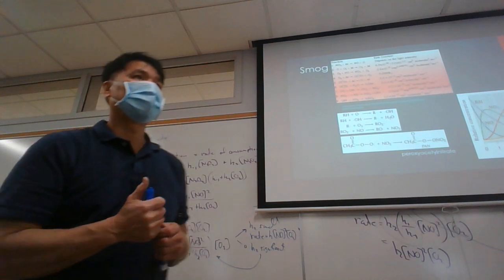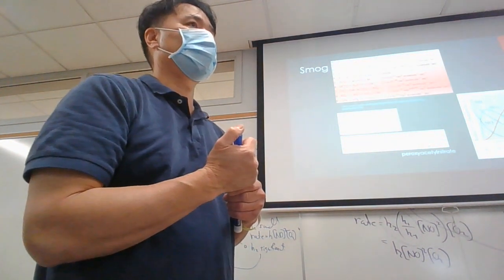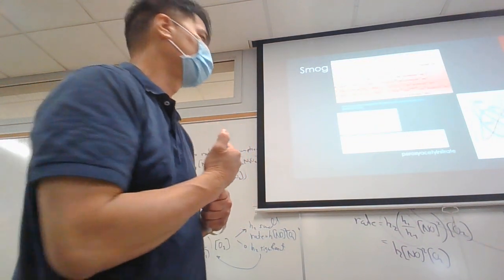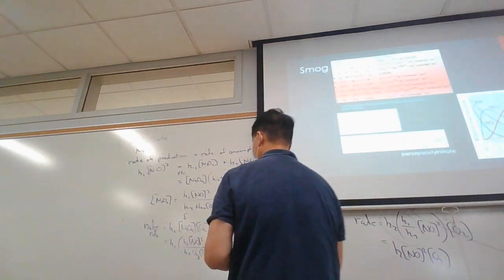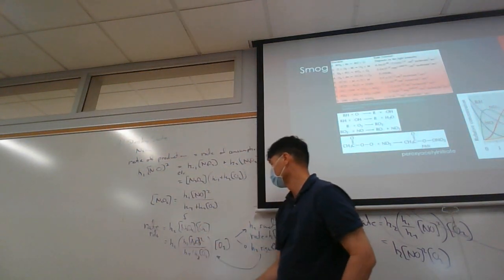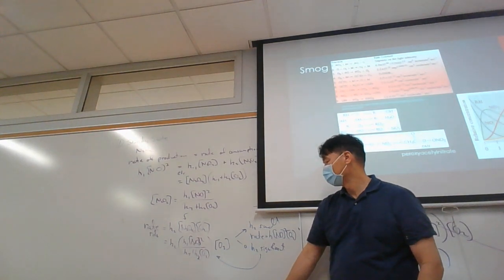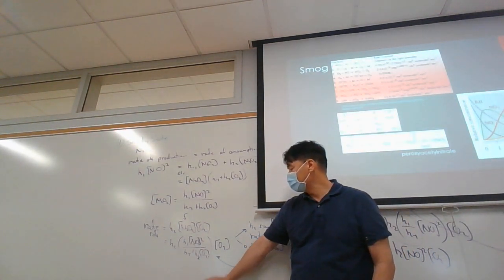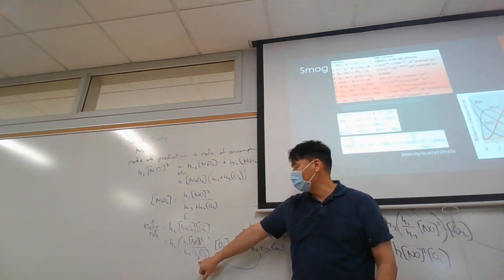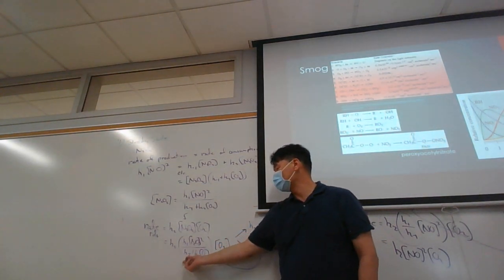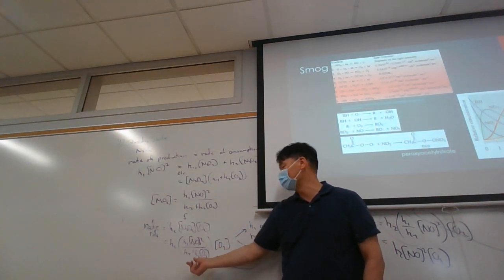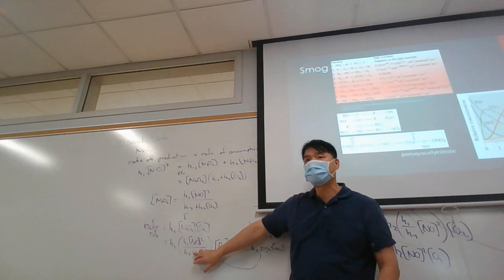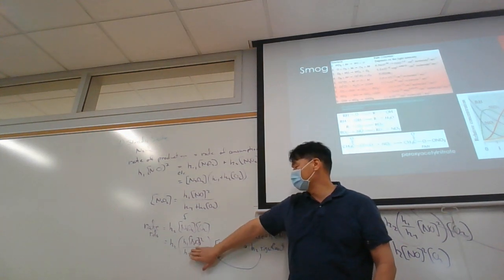Are we assuming that the K1 over the K negative 1 cancels out? No, it doesn't cancel out. What we're saying is that K2 is so small, so K minus 1 would be like a swimming pool, and K2 would be like a drop in the swimming pool. So it's the simplifying assumption.